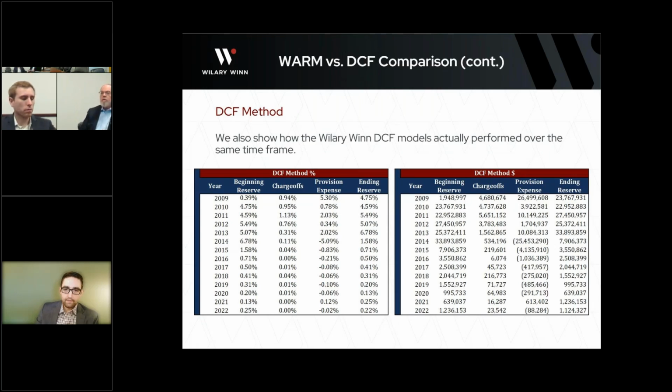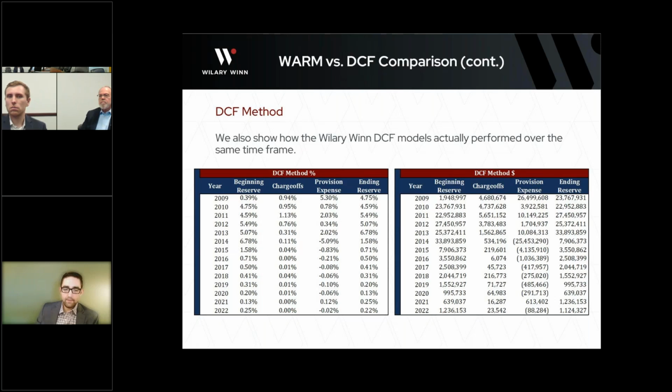Similarly, we can look at a discounted cash flow over that same period. Because the discounted cash flow model we have is using that loan level granularity, updated credit profiles, updated collateral values, building in forward-looking economic scenarios, we're adjusting dynamically as those conditions change, both during the crisis and then during the recovery. So the result is a model that is far more accurate, timely reserve estimates.